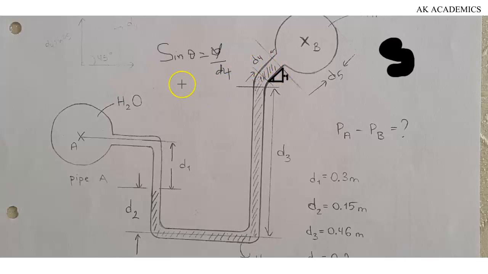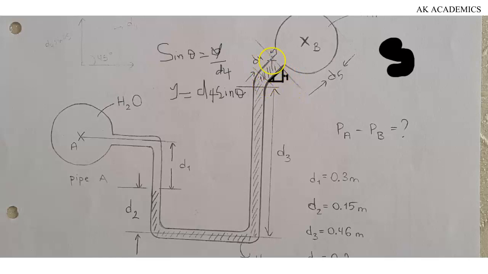So our y, which we are supposed to use to calculate pressure, is equal to D4 sine theta. Our theta is going to be 45 because this is a right angle triangle and all the angles must add up to 180. So if this is 90, this is 45, and this also must be 45. Since our D4 is given, D4 multiplied by sine 45 will be the height that we're going to use to calculate pressure here.